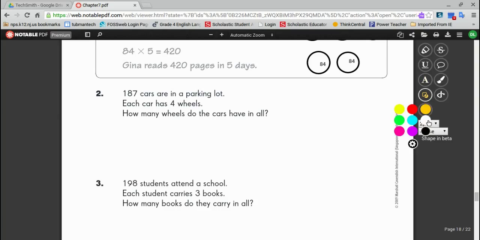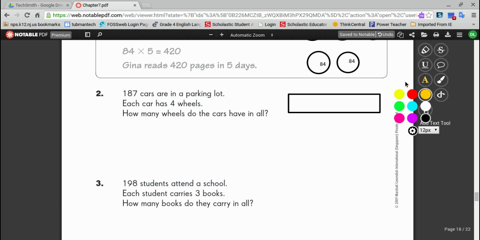So here we go. I'm going to draw a simple bar model. And here are my 184 cars. So I'm going to put here 184. So 184 cars are parked in the parking lot. Each car has 4 wheels. Well, this is one of the wheels of the car, and I need 4 of those wheels.